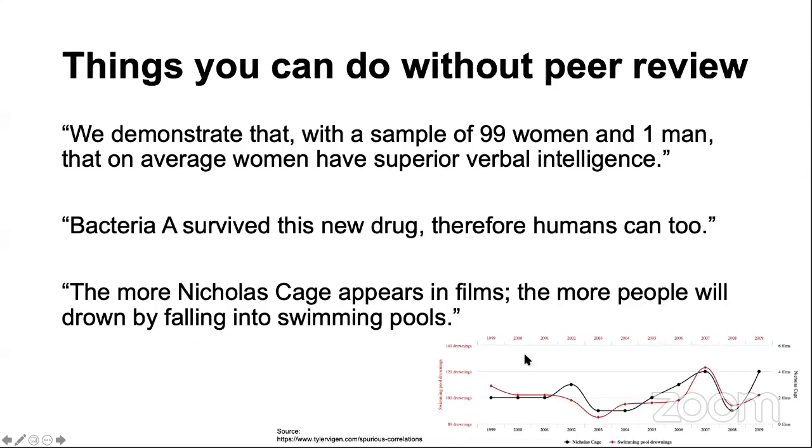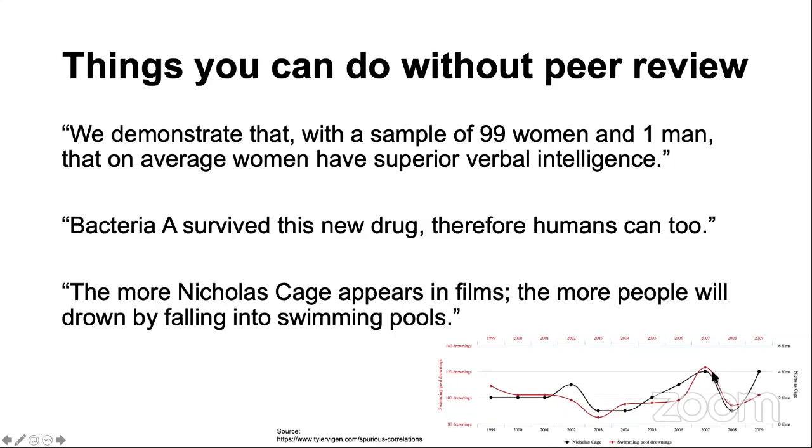And lastly, in science, there is something called basically really weird or suspicious correlations. So if we only look at this picture, the red curve is telling you the occurrence of drowning in swimming pools. The blue curve is telling you the appearance of Nicolas Cage in films.